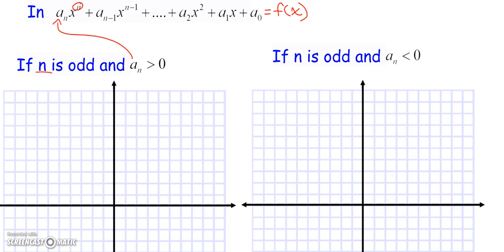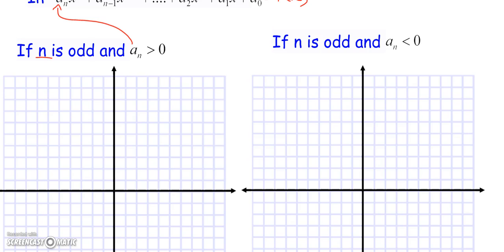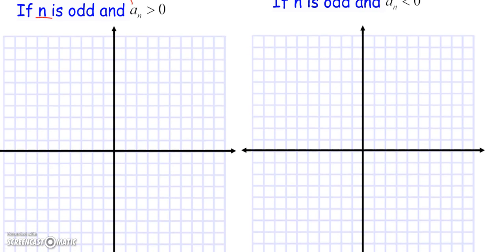Obviously you can't tell what's going to happen in the middle. It could rise a bunch of times, but it's going to end going down and to the left and up and to the right.